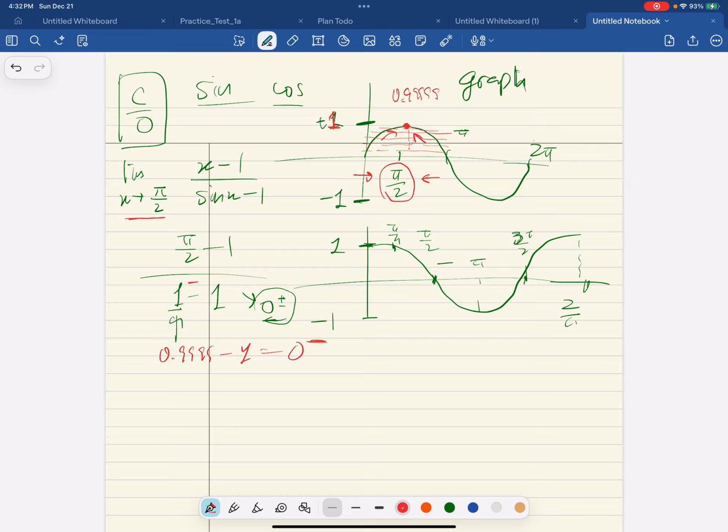So the 0 has a minus sign. We have pi over 2 minus 1 over 0 from the negative side. Because pi over 2 is like 3.14 divided by 2, which is more than 1, the top is positive and the bottom is negative. The answer is negative infinity.